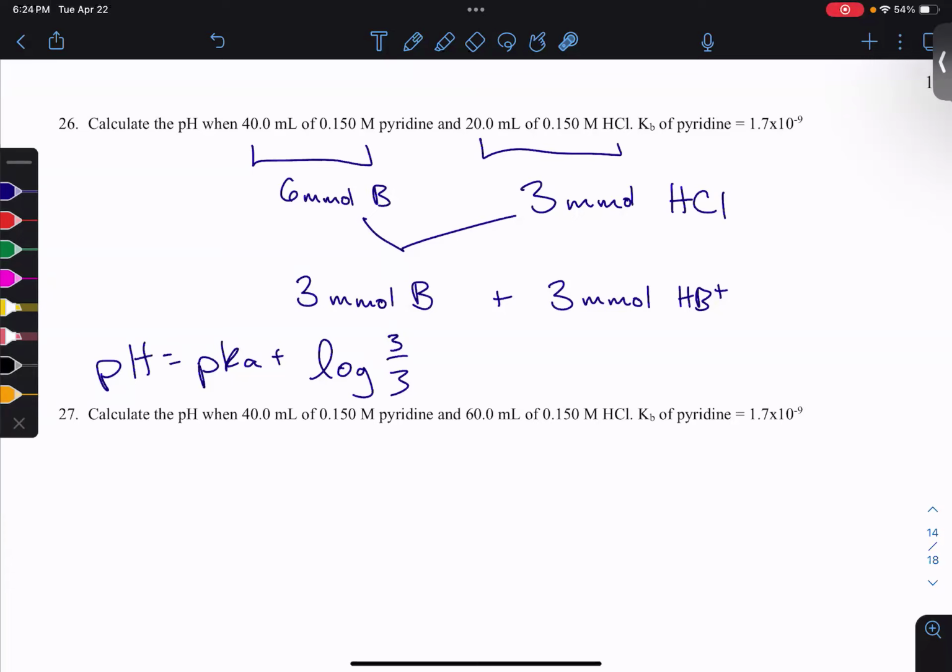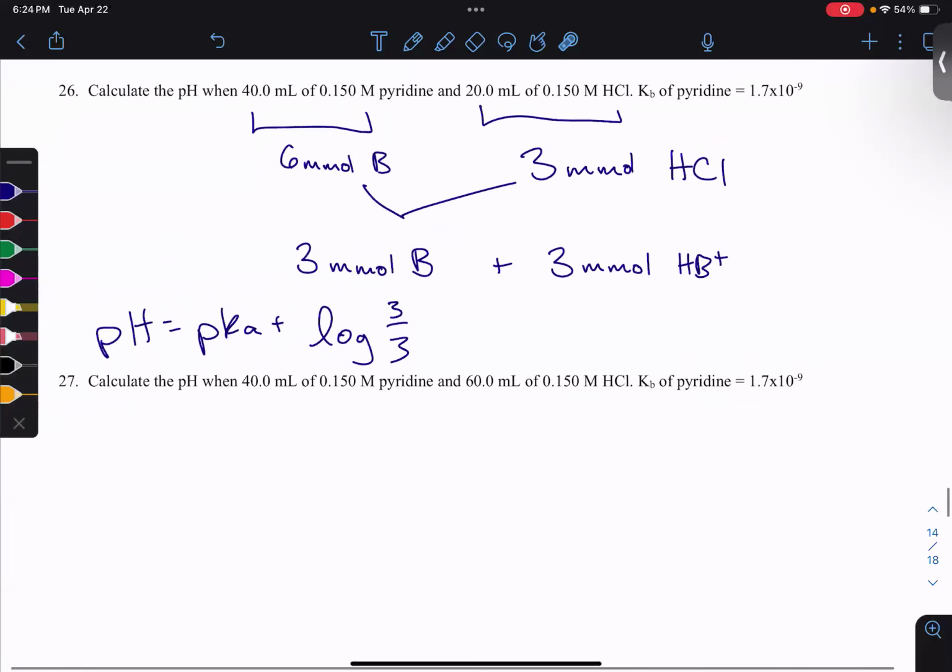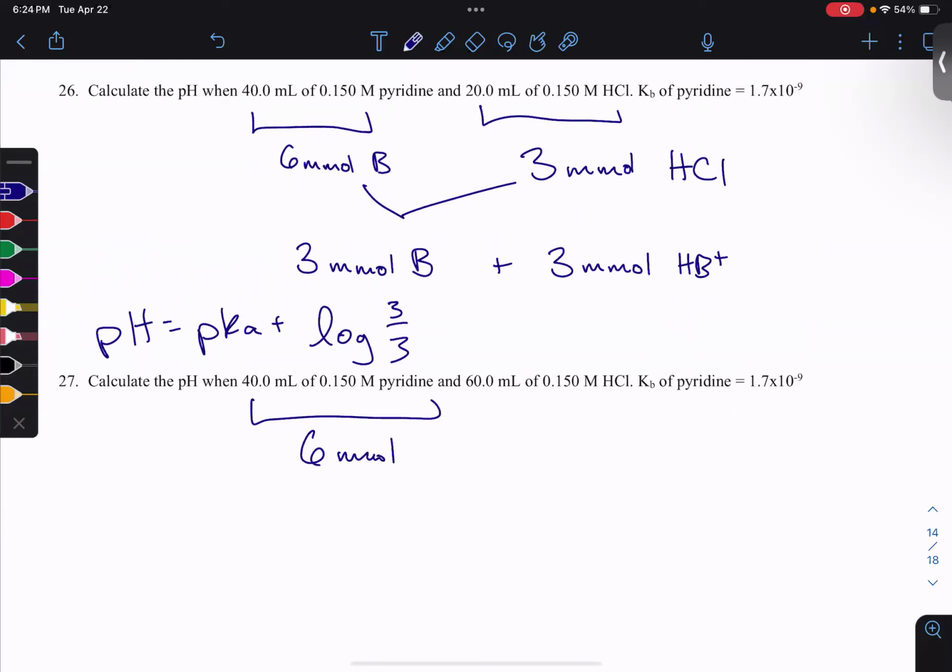All right. Okay, so 27, do we have to do a BCA table? Yes, why? HCl, so just get the amounts, all right? So this is still 6 millimoles of base. And then how much acid is this? Can someone tell me? 6 times 0.1, is it 9?